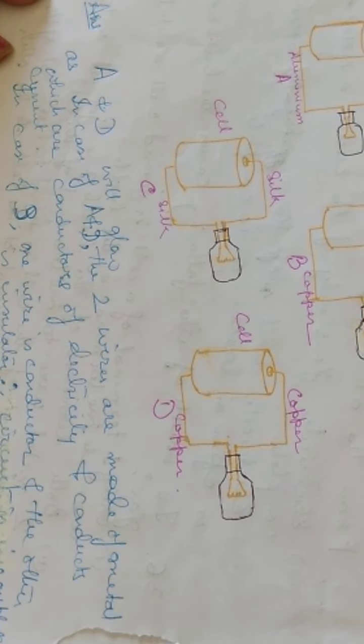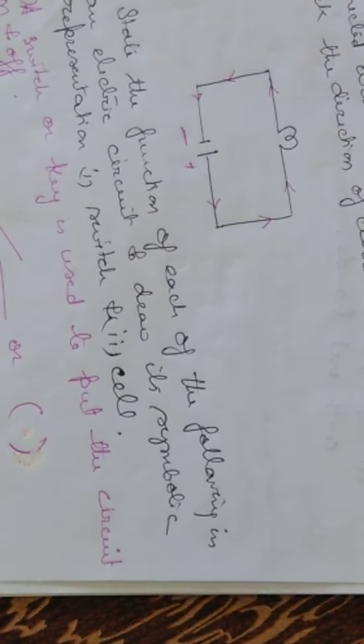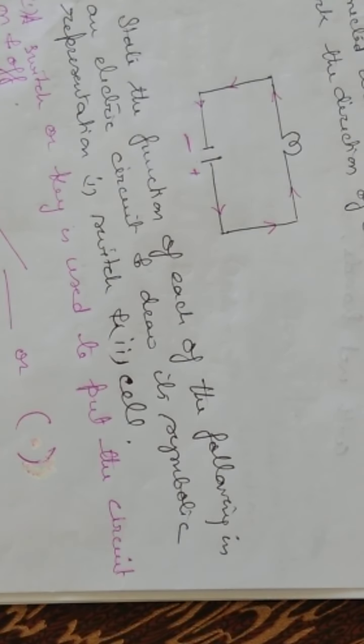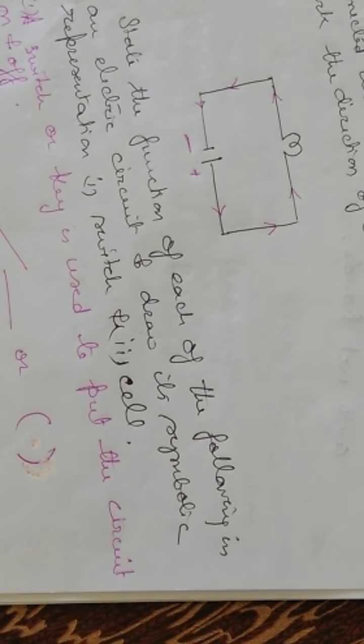And in the third case, C, there are two wires which are also made up of silk. Silk is an insulator, so no electricity will be flowing through, and therefore the bulb will not glow.